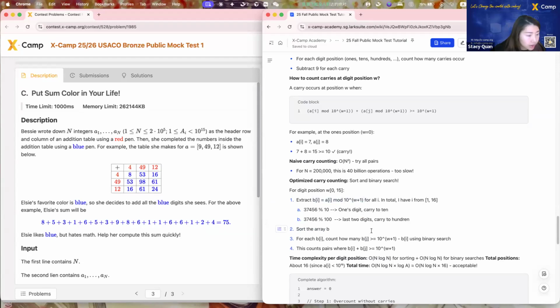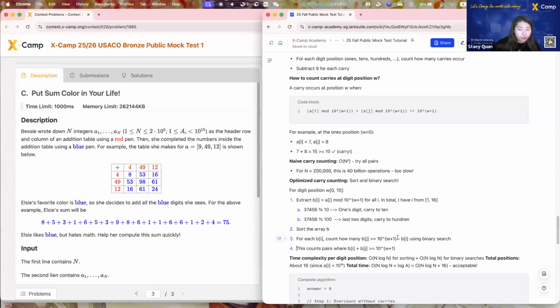Why do I sort this B? Because for each number B_i, I want to look for how many B_j will cause a carry.